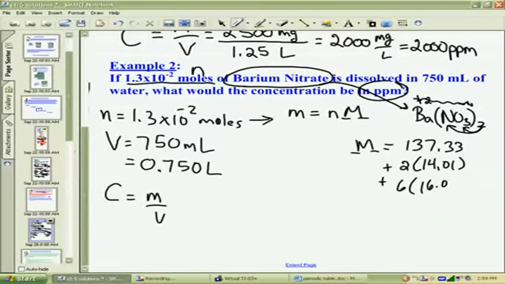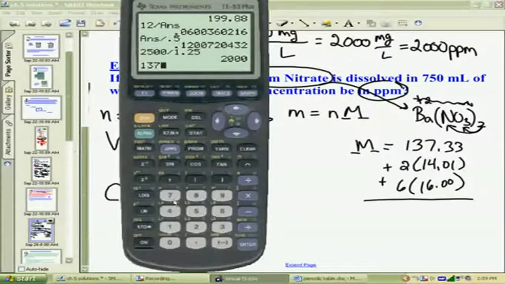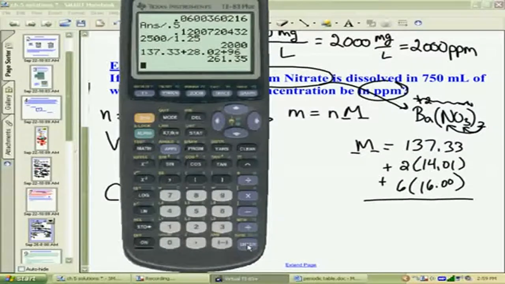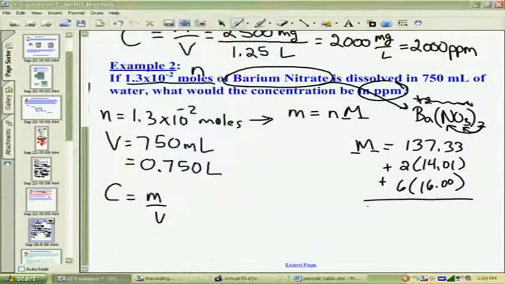To add all that up, we have 137.33, we're going to add 28.02 and 96, which gives us 261.35. That's grams per mole, which is our molar mass of barium nitrate.